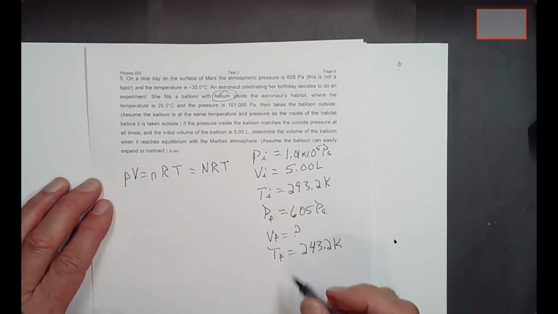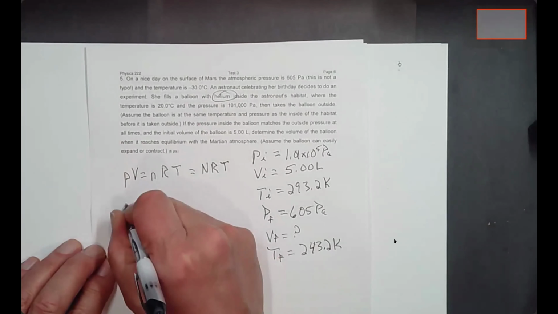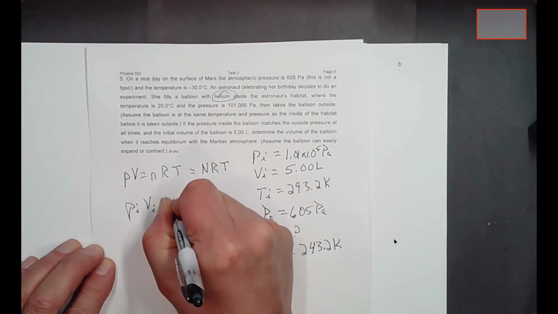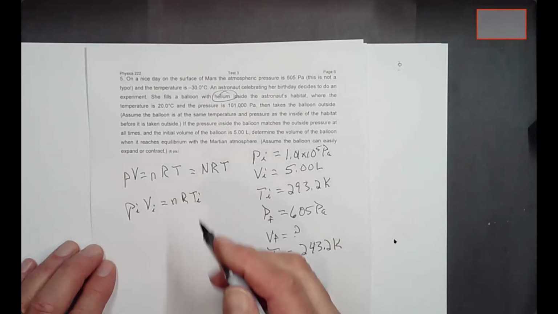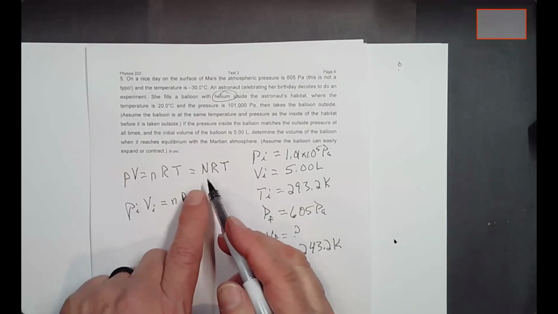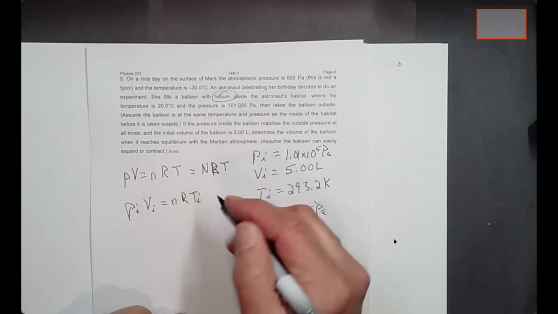Now, here's the way I solve these things. When it's a problem like this, I'll go P initial, V initial is N R T initial. I could figure out how many moles of gas are in the balloon, or how many particles, which would be NkT, not NRT.